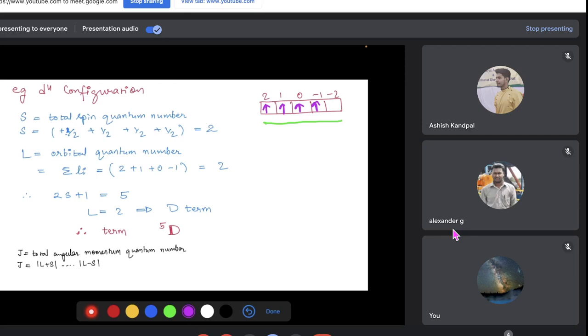If I take plus half each, I get capital S equal to 2. For the orbital quantum number, capital L is the summation of li, that is plus 2 plus 1 plus 0 minus 1, which equals 2. The spin multiplicity, 2S plus 1, is equal to 5, and my L here is equal to 2.